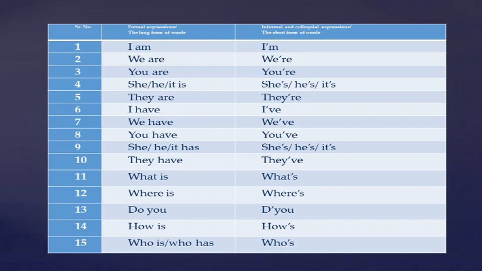Not "where is the book," but "where's the book?" Do you know the answer? How's this picture? Who's this? Who's seen this? For both, we reduce to the weak form as "who's." Who's this on the door? Who's seen the film?